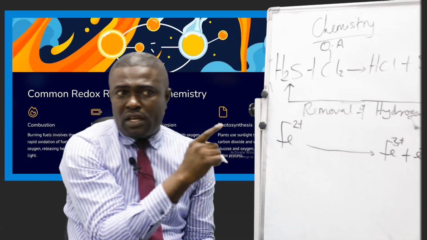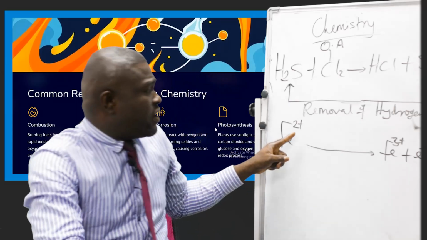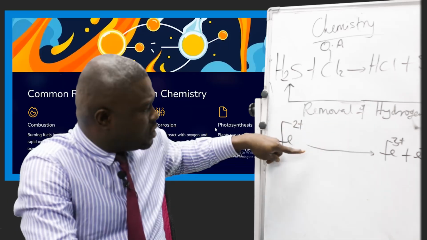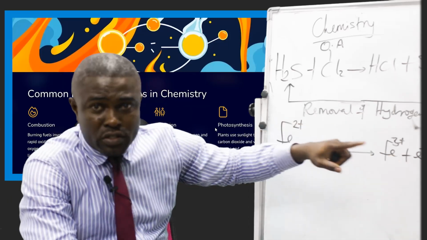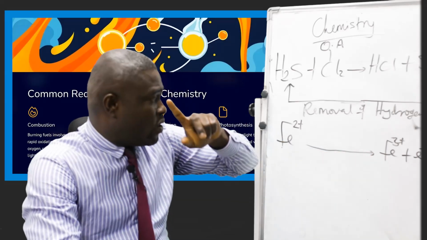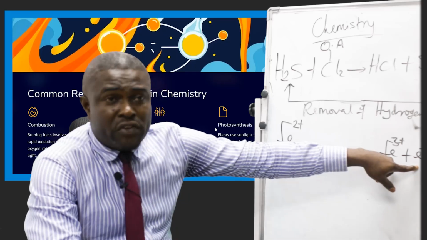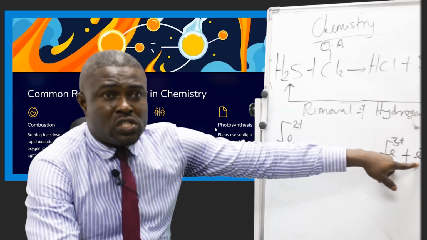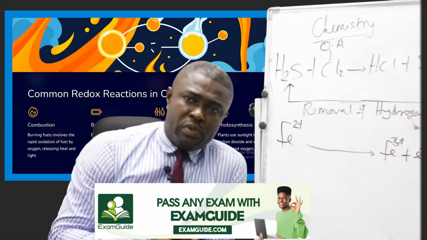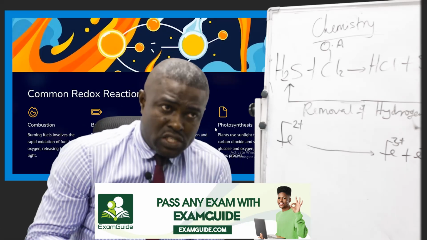The oxidation number increased from +2 to +3. So whenever you see oxidation number increasing, there is loss of electron. The first concept we defined was loss of electron, but that loss of electron always occurs simultaneously with increase in oxidation number.